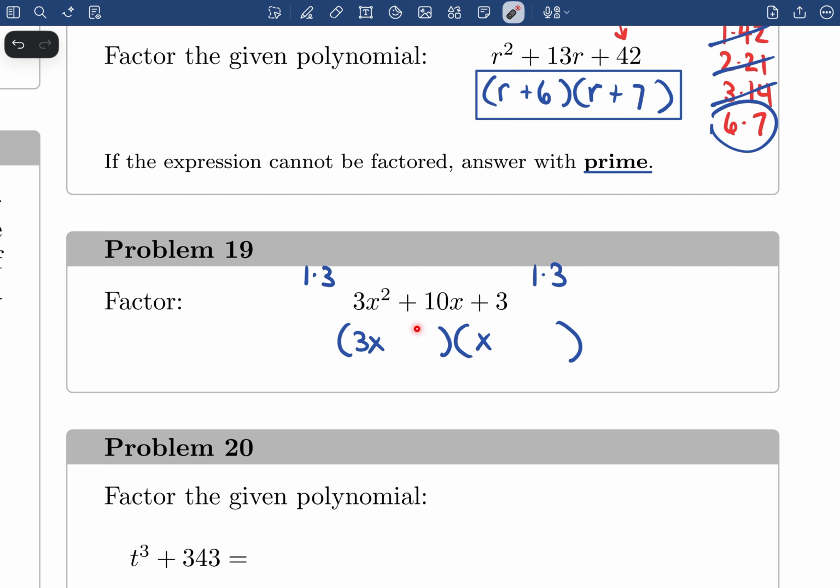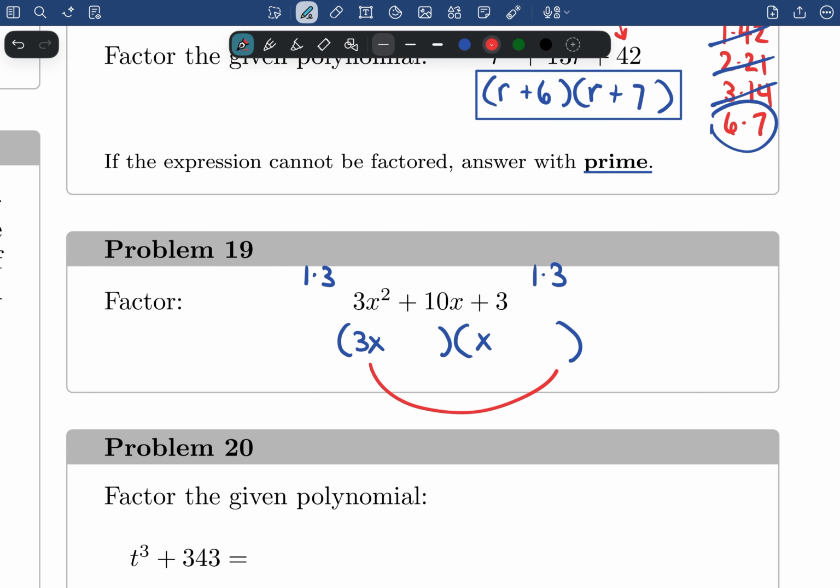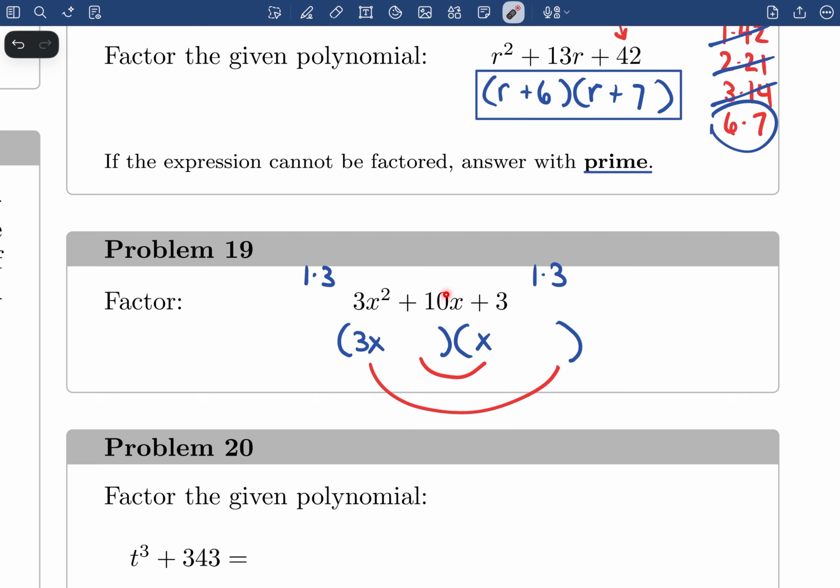You see, these spots, they get the C value's factors, which are 1 and 3. So it could be a 1 here and a 3 here, or vice versa, a 3 here and a 1 here. How do you know which one? You would have to imagine the outer and inner terms of foiling. When you add them together, they need to make this middle value 10.